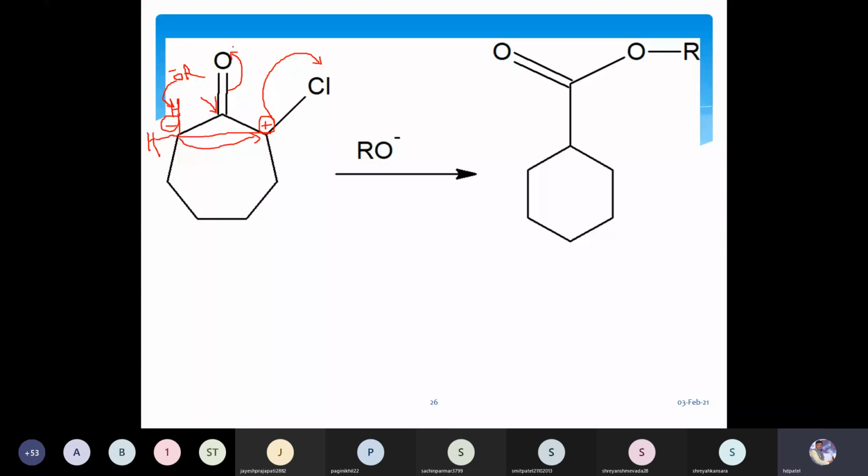Again, O minus will convert into the carbonyl group, that is C double bond O, and that's why the breaking of the bond takes place, and finally we will get a 6-membered ring containing ester, or we can say cyclohexane having an ester group. So this is possible by the Favorsky rearrangement.